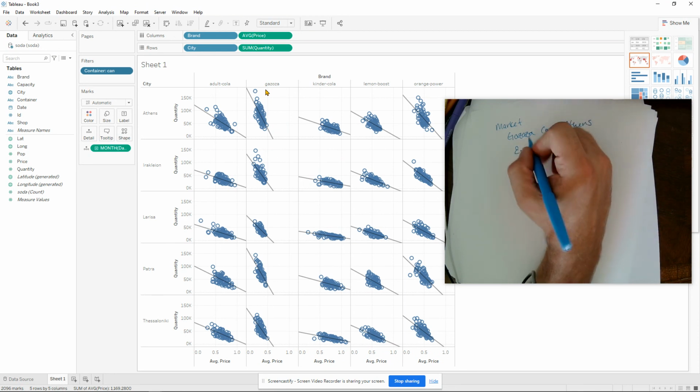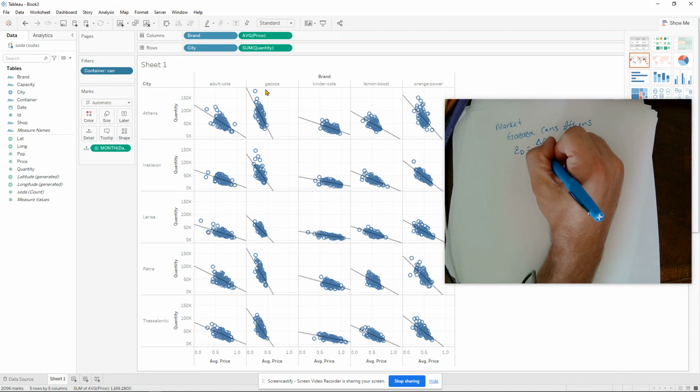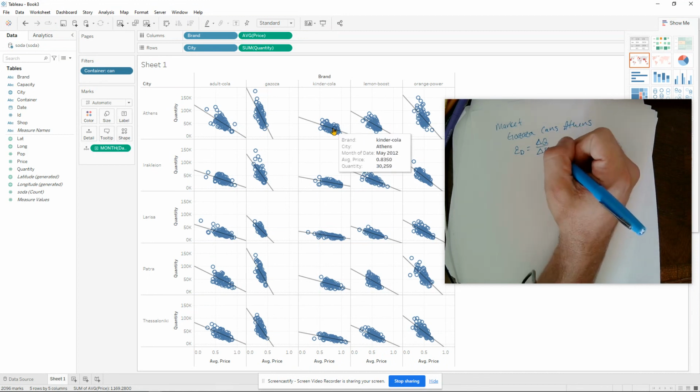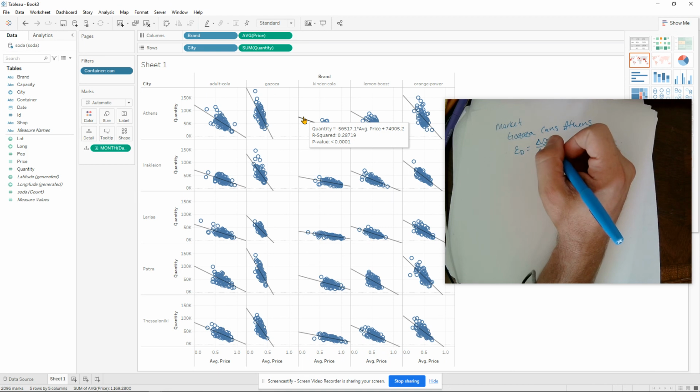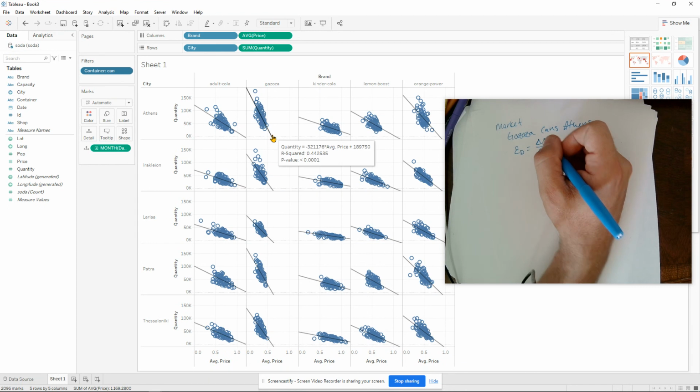The point elasticity, if you remember, is going to be the slope of our price response function. So what did I say? Gazoza cans, which we have in the filter, in Athens. And here is the equation.